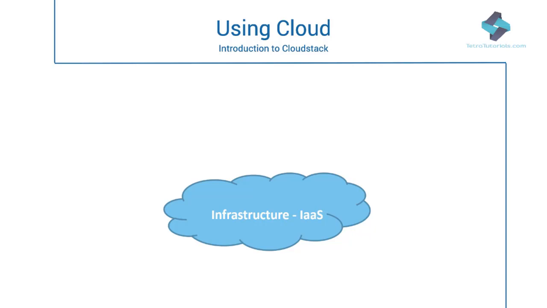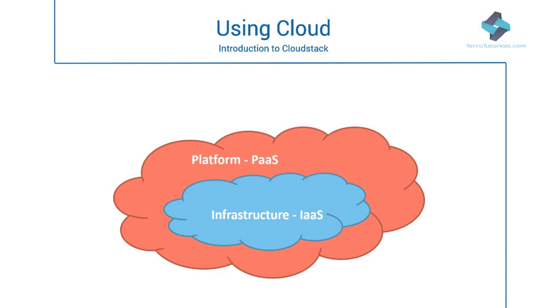IaaS refers to online services that abstract the user from the details of infrastructure like physical computing resources, location, data partitioning, scaling, security, backup, etc. Platform as a service. PaaS offers a development environment to the application developers. In this model, the cloud provider typically develops toolkits and standards for development and channels for distribution and payment.